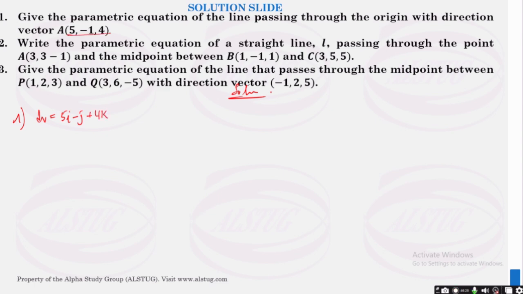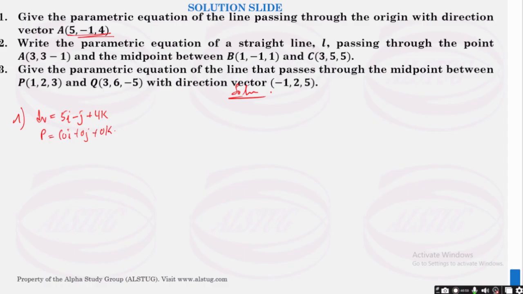They say give the parametric equation of the line passing through the origin with that directional vector. So it's passing through the origin, and that gives us one point it is passing through. So 0i plus 0j plus 0k. Are you with me?